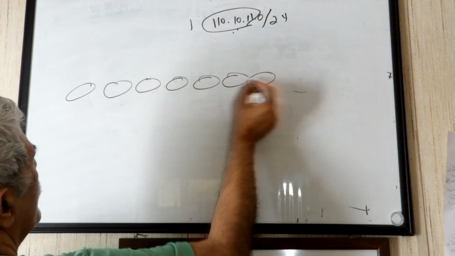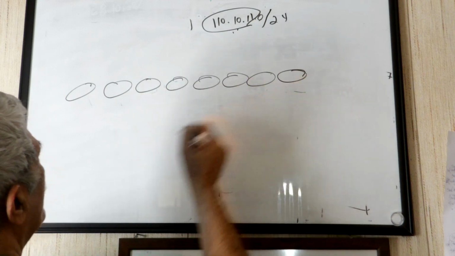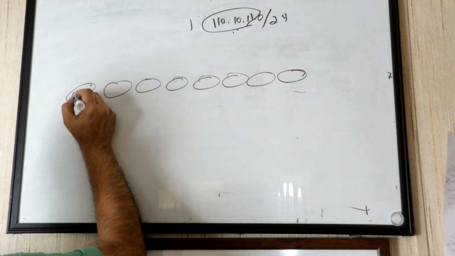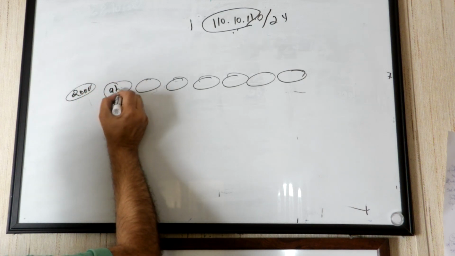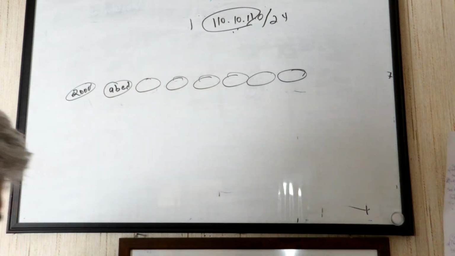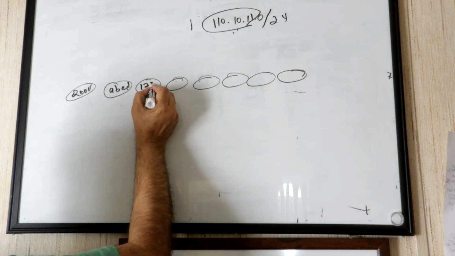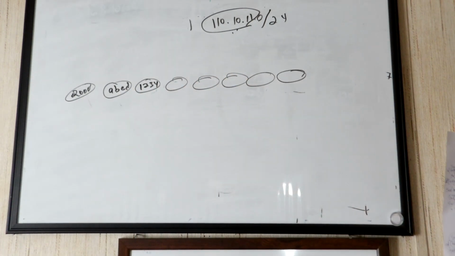We will talk about it in the next video. You see numbers like 2000, ABCD, 1, 2, 3, 4, whatever it is. I just gave you some information.